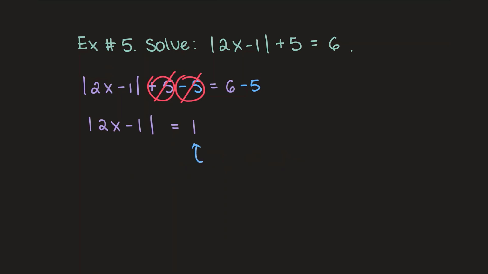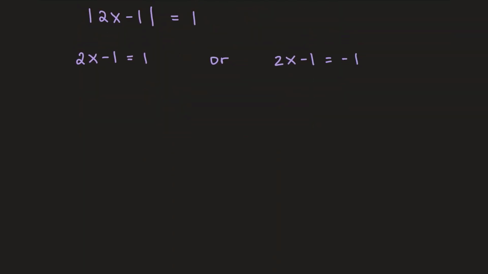So since the side opposite to the absolute value is positive, we can split this up into two equations. One with the inside equal to 1, and the other with the inside equal to -1. For the first equation, we add 1 to both sides and simplify. Then we divide both sides by 2, and this reduces to x equals 2 divided by 2, which is 1.